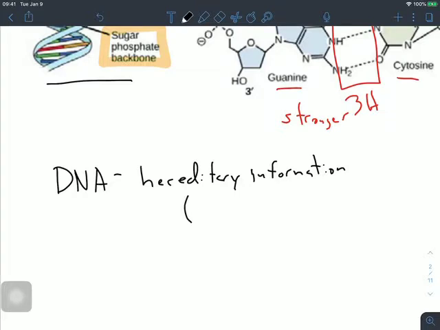This is in contrast to folks who thought that it was actually protein that was that hereditary information. Those experiments conducted by Griffiths and Hershey Chase went on to prove that.